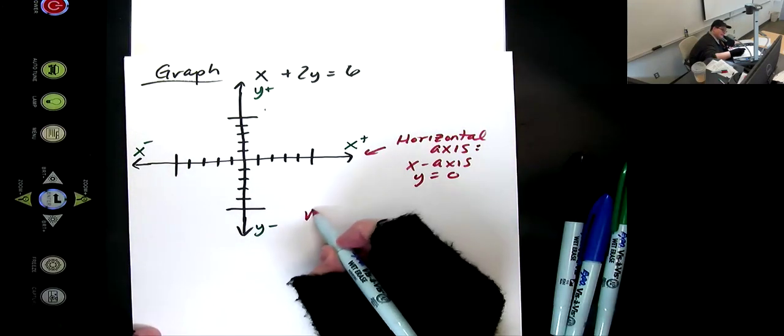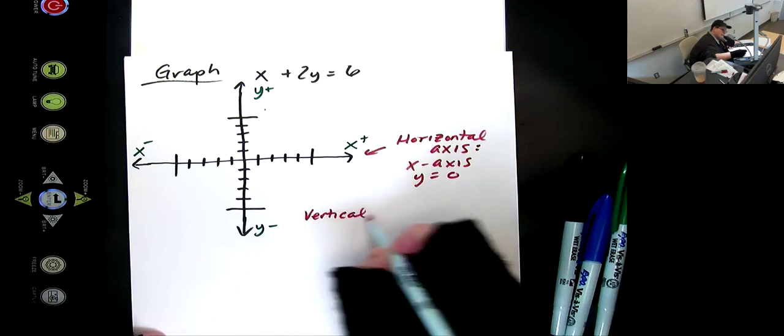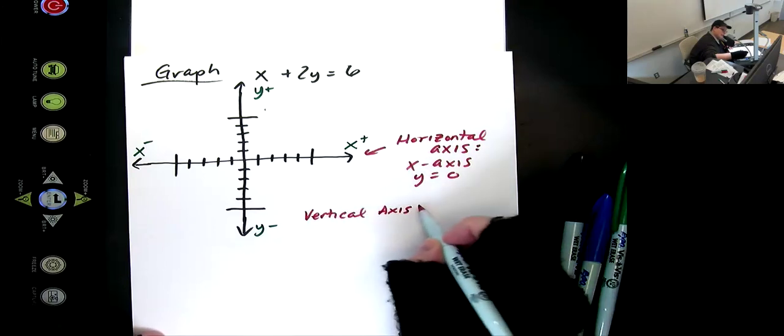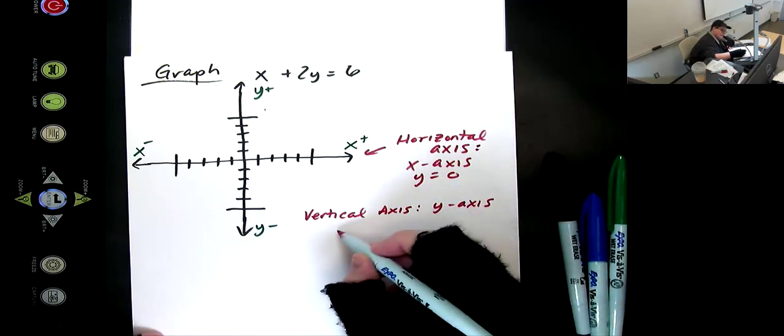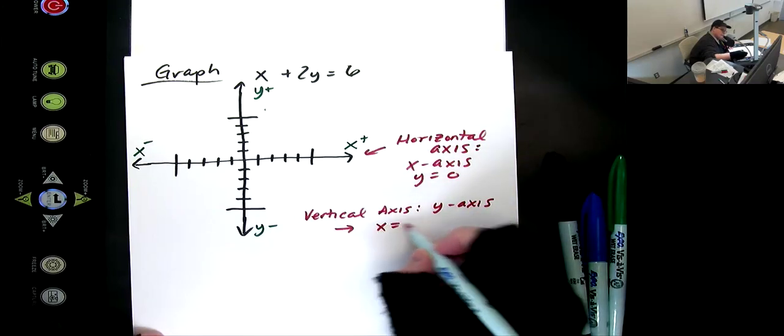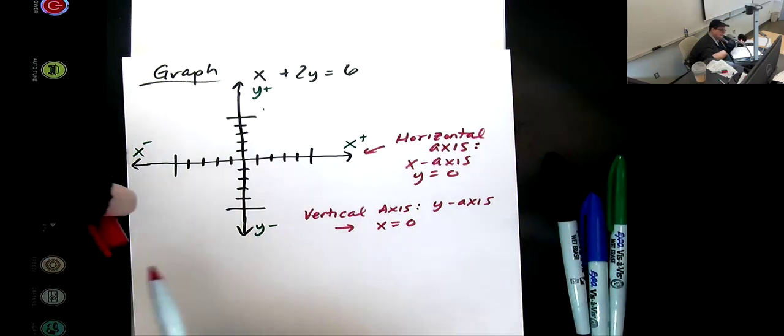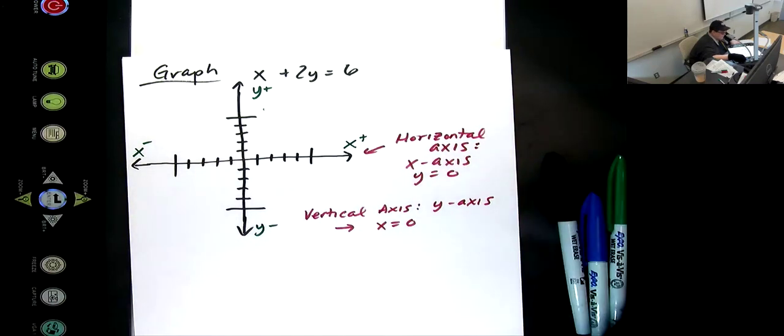So the vertical axis is the y-axis. And it has the property x equals 0. Anywhere on that line, x equals 0.